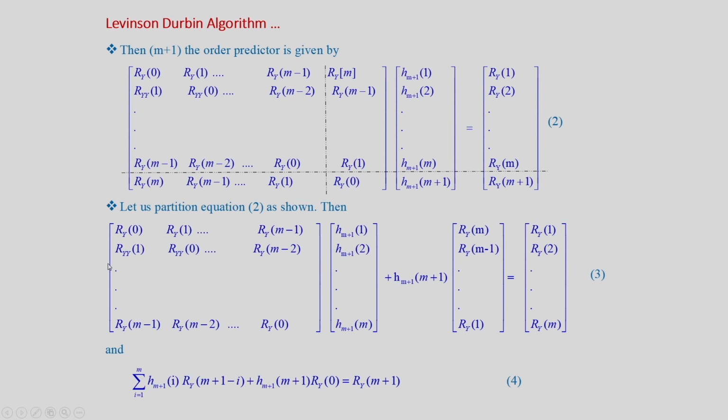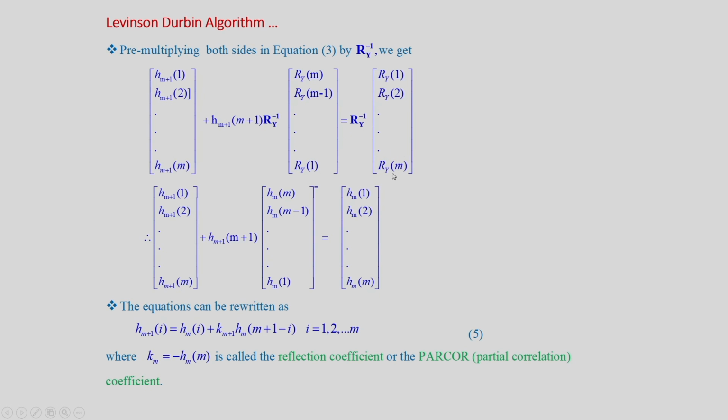Now, suppose I pre-multiply this equation by the corresponding inverse, then I will get this. Pre-multiplying both sides in equation 3 by Ry inverse, we get the vector h(m+1, 1), h(m+1, 2) up to h(m+1, m), plus h(m+1, m+1) into Ry inverse times this vector Ry(m) up to Ry(1), equal to Ry inverse multiplied by Ry1 up to Rym.